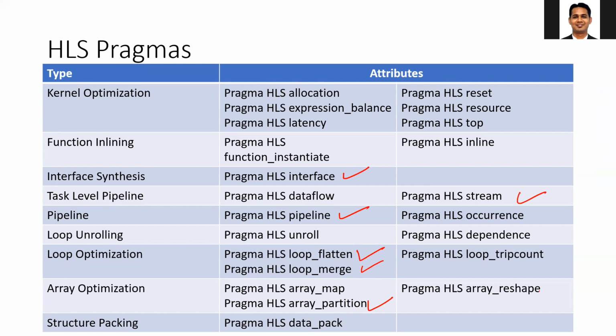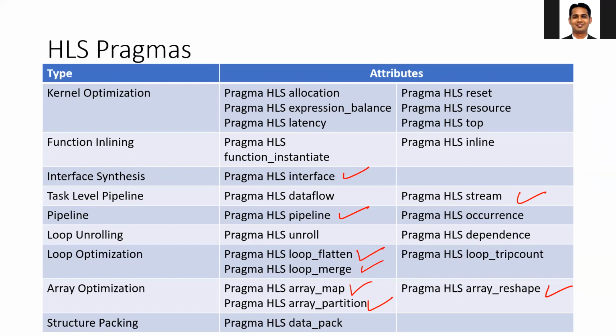For partitioning, you have the array reshape, so you can reshape the array in different dimensions. Similarly, you have the array mapping also. So these are the different pragmas. If you want to know more about HLS or use it more effectively, you should refer to the Xilinx HLS document to know more about these pragmas.